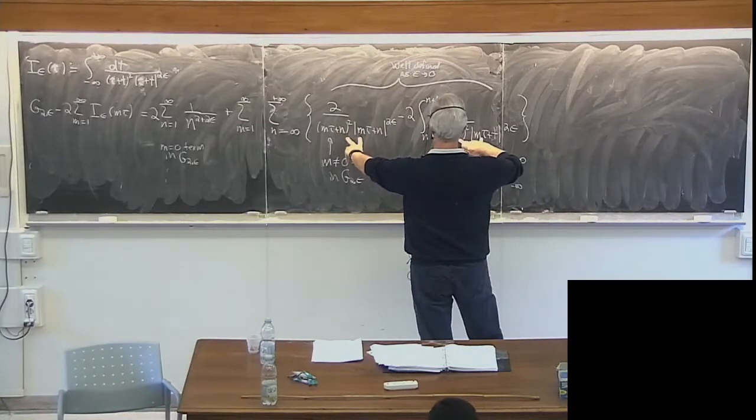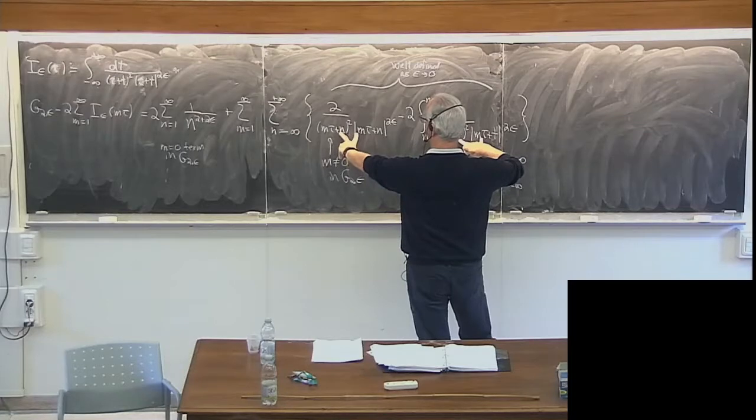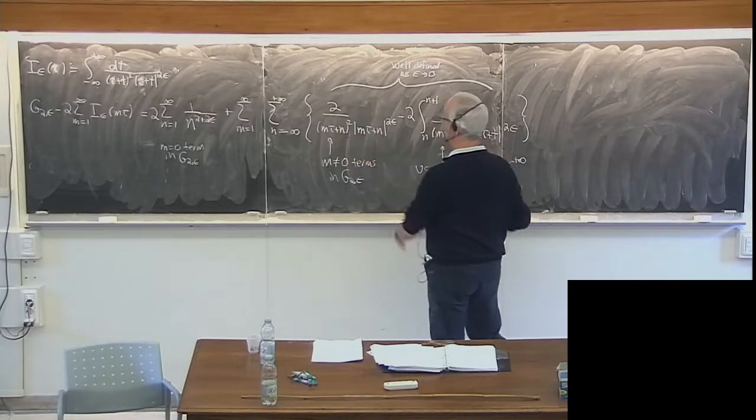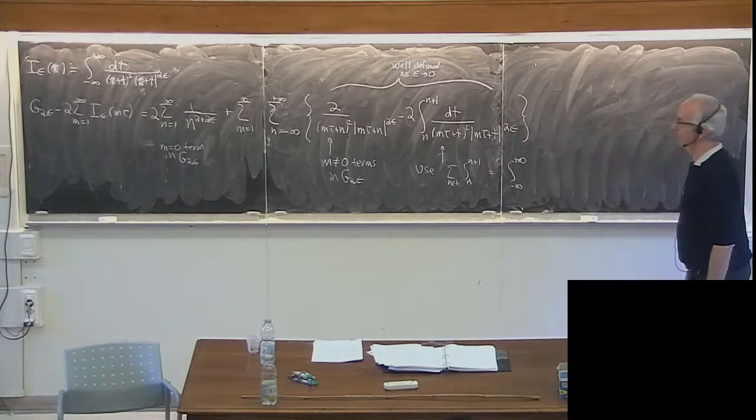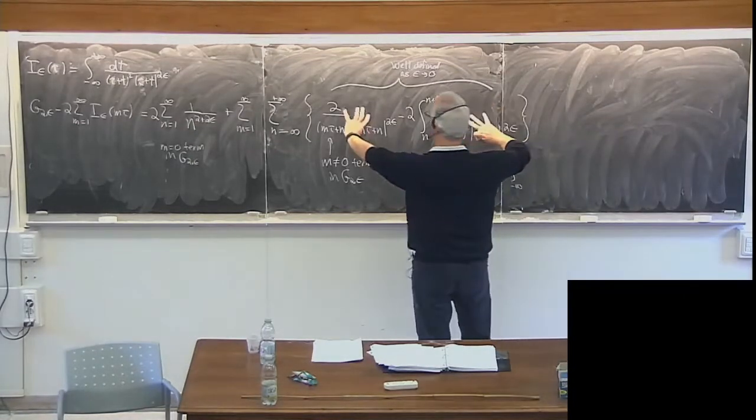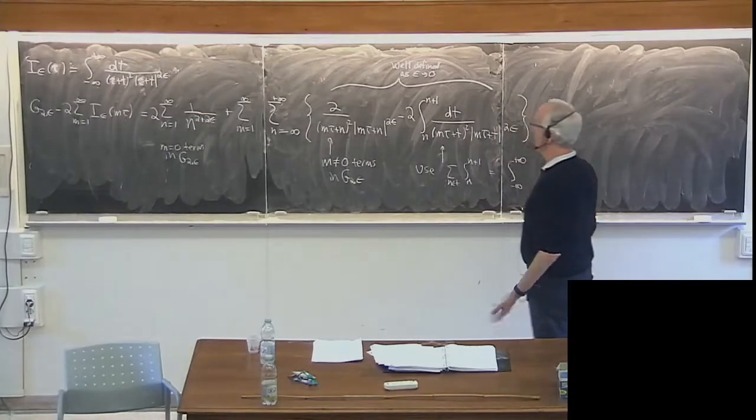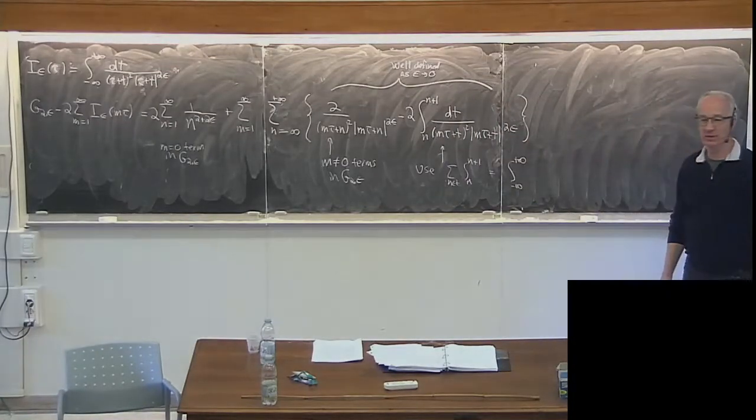This behavior is canceling off the bad behavior of this when epsilon goes to 0. So we get something that's absolutely convergent by having subtracted off this integral, and we can now just set epsilon equal to 0 to evaluate it.